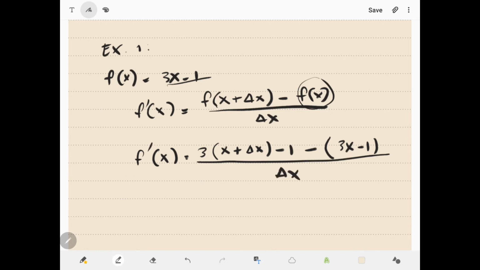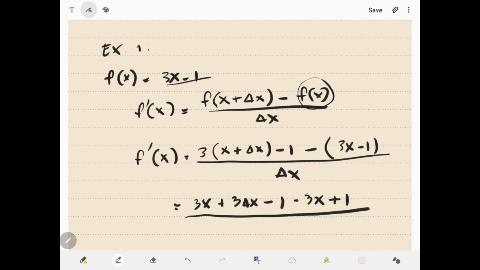Okay, so simplifying, this becomes 3x plus 3 delta x minus 1 minus 3x plus 1, over delta x.